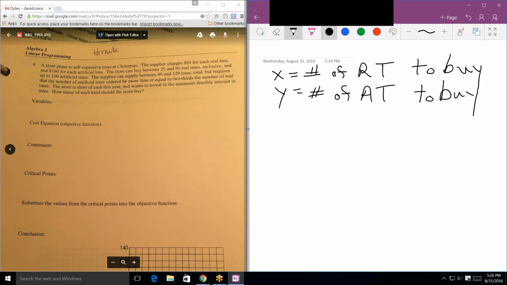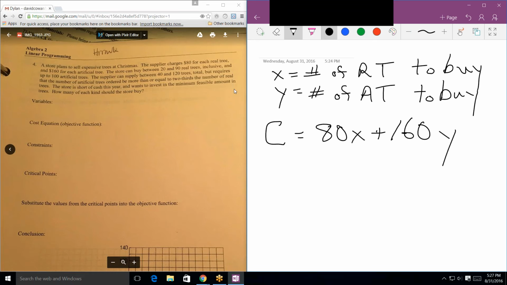So what's the cost function? Start from the top. C is equal to 80x plus 160y. There's our function that we're going to try to minimize.